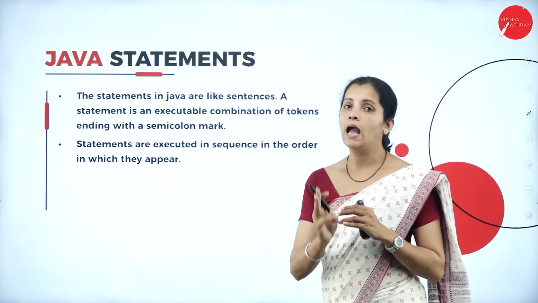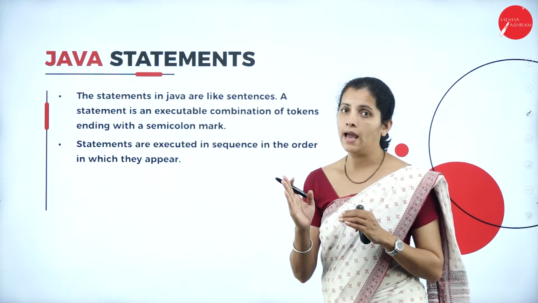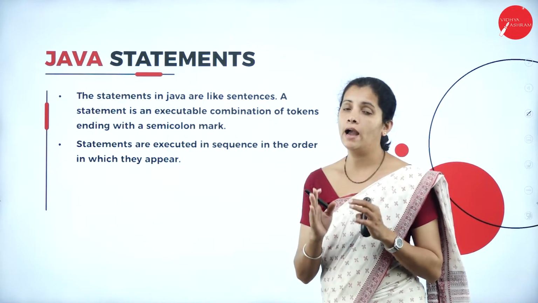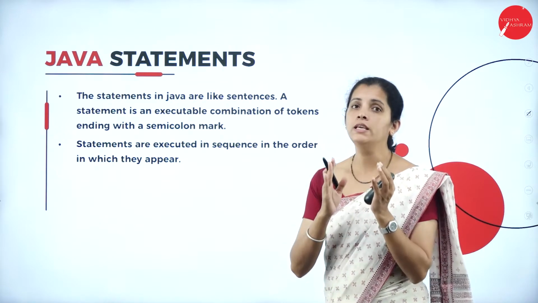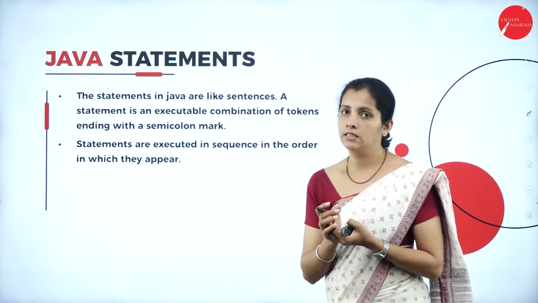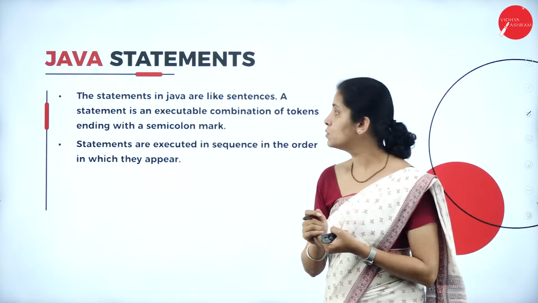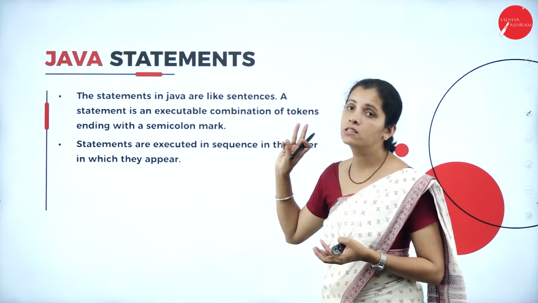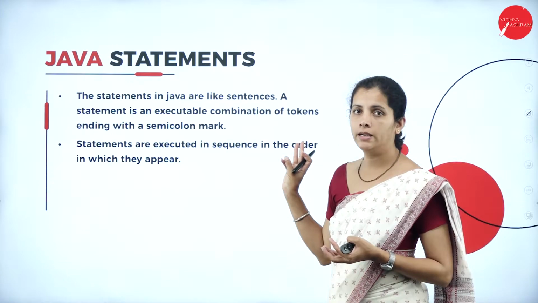Now when I have more than one line of program, in the sense when I have two lines and I want to execute both the lines, then it is termed a compound statement. So what are the two types of statement? Simple statement and compound statement.